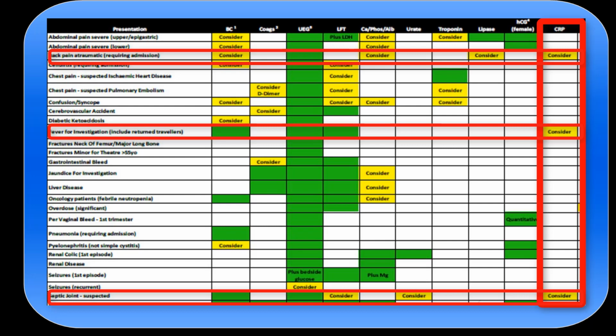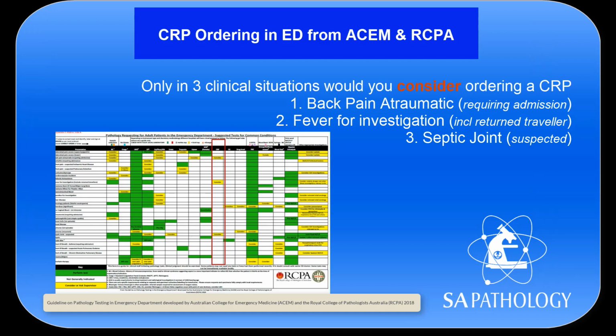In general, CRP is not recommended as a routine ED investigation in this guideline. Common presentations where a CRP may be considered: severe atraumatic back pain requiring admission, fever, or suspected septic joint. As mentioned previously, lactate is the recommended biochemical marker in suspected sepsis.